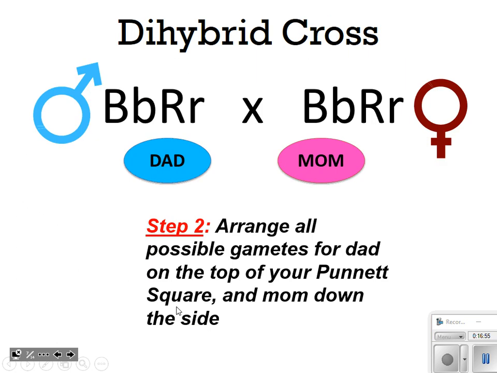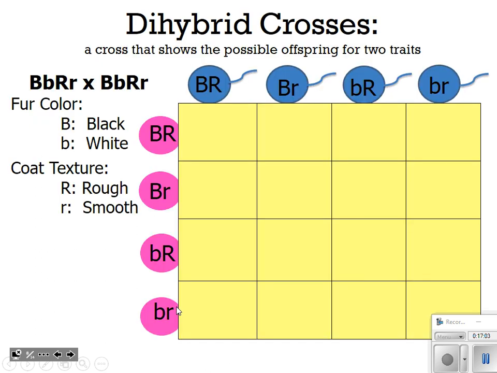Okay, it says right here, step 2, arrange all possible gametes for the father on the top, mother down the side. So we have our gametes, father on the top, mother down the side, and your job now is to fill in the boxes. Now, folks, for the dihybrid cross, how many boxes did they have for us to fill in?